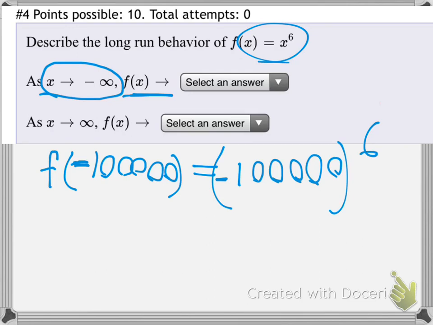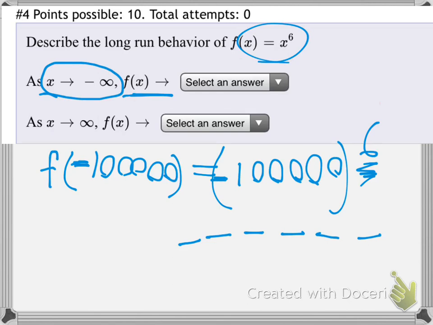And so that's where our knowledge about negatives and powers comes in. Because we'll say, okay, let's figure this out. If I take a negative number and I times it times another negative, that goes positive. Since this is sixth power, that'll be a negative times a negative times a negative times a negative times a negative times a negative. And then we'll just see, does this end up being a huge number?